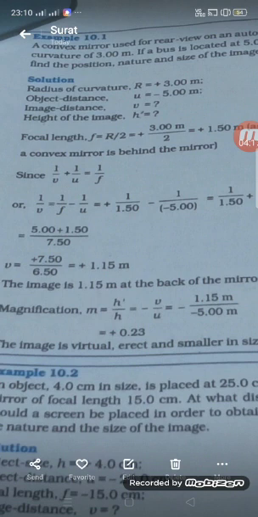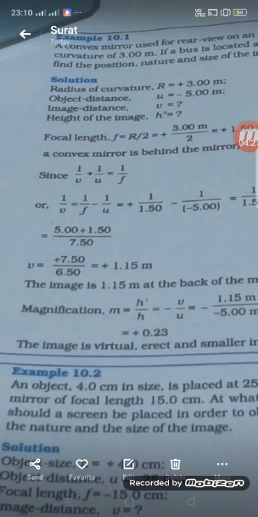We have to find v, so adjust it: 1 upon v is equal to 1 upon f minus 1 upon u. Put the values and simplify it with the LCM, you will get v is equal to plus 1.15 meter. The image is 1.15 meter at the back of the mirror.